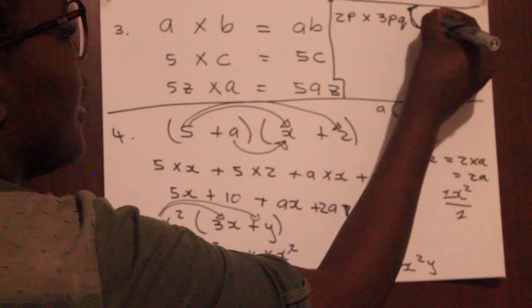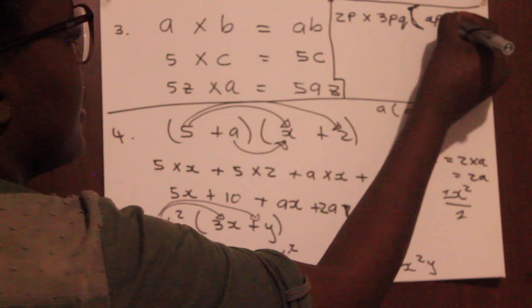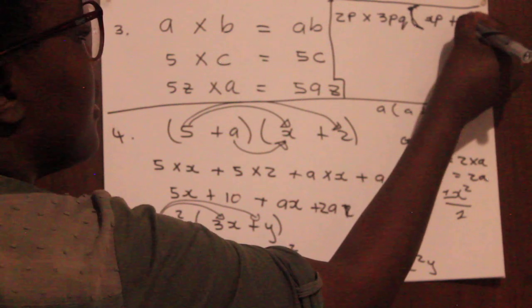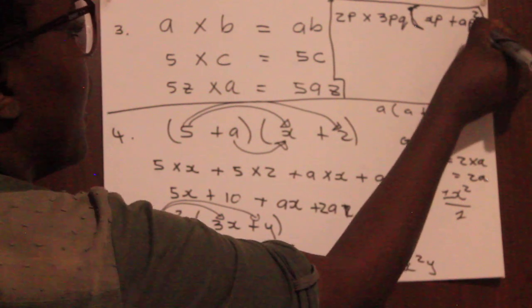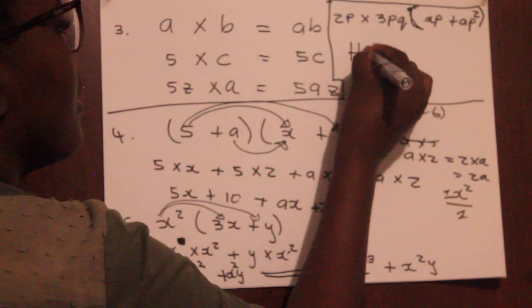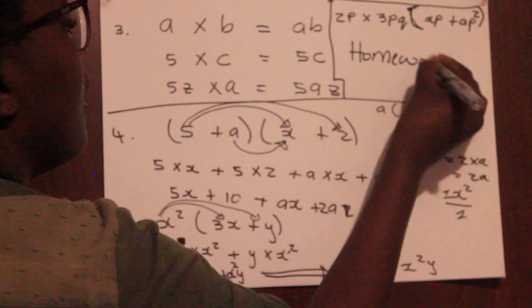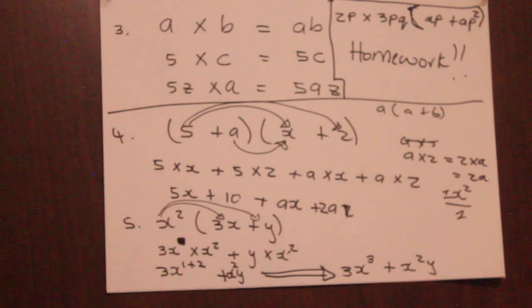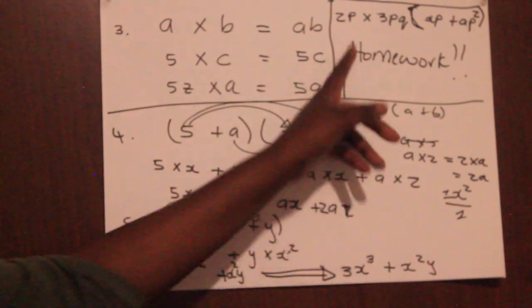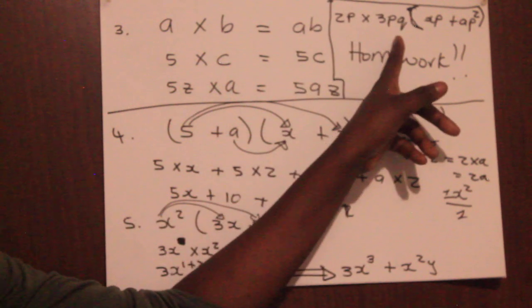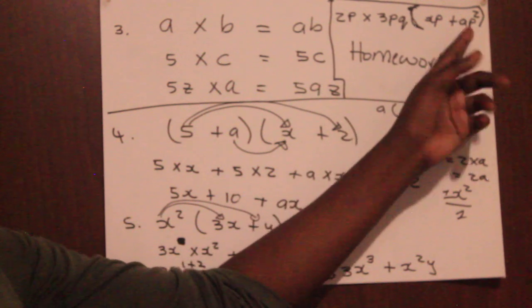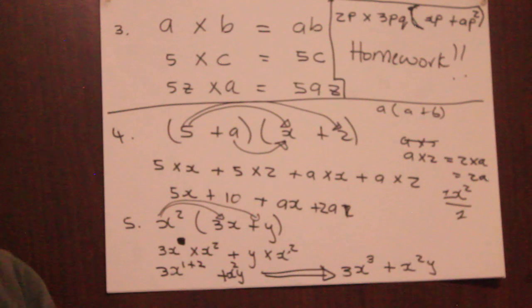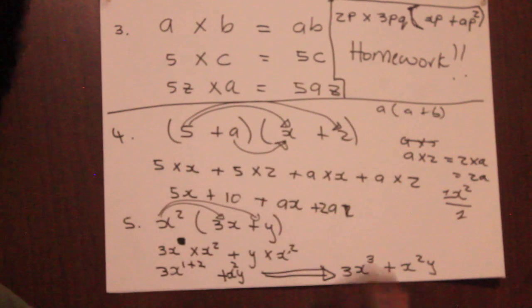So you have xp, I love x guys, plus ap to the power of 2. This is 2p times 3pq, open bracket, xp plus ap to the power of 2. This is your homework.